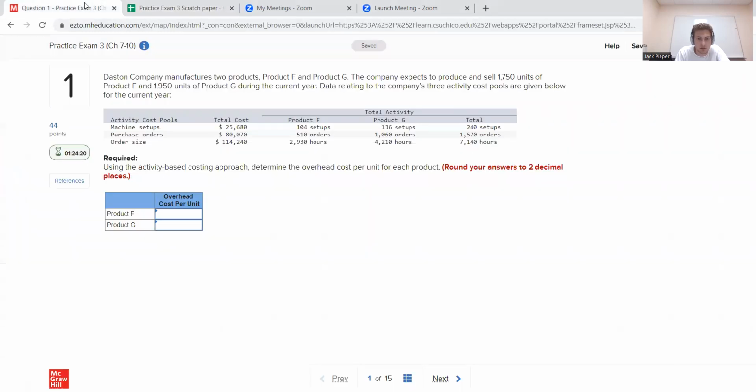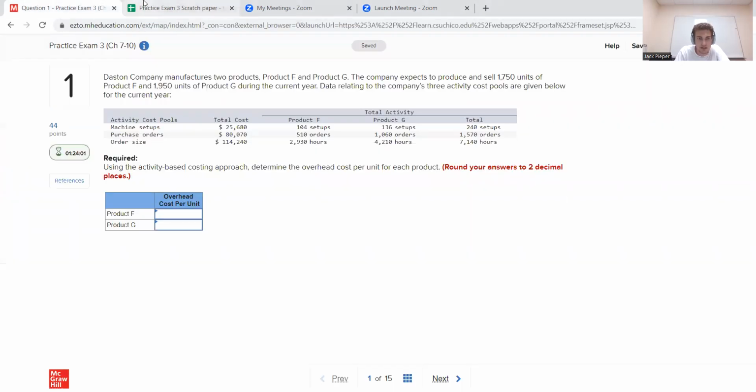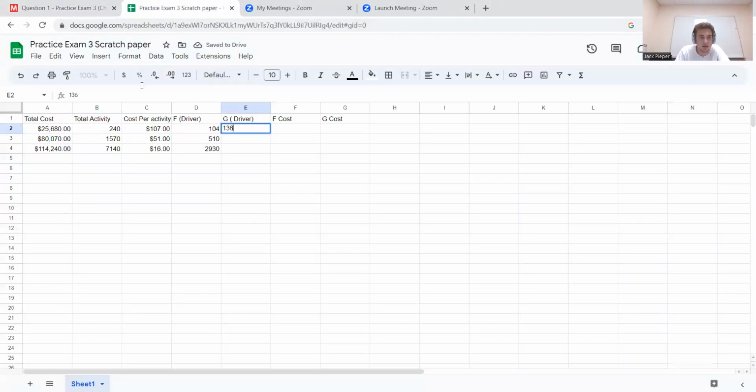All right, now we're going to multiply by the drivers for each. So in product F, we had 104 setups. We had 510 orders. And we had 2,930 hours. All right. Now for G, we had 136 setups.